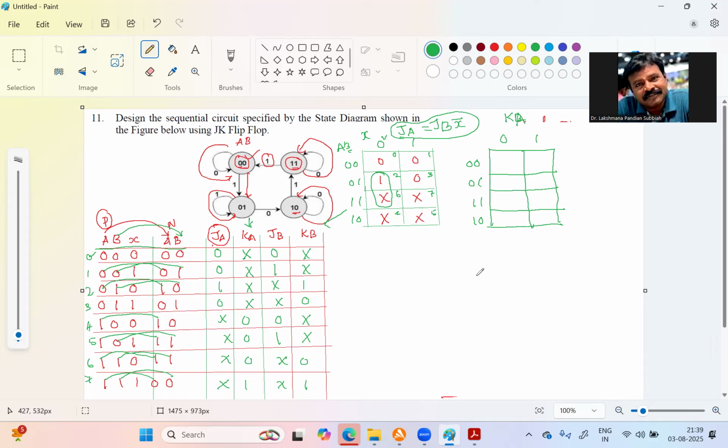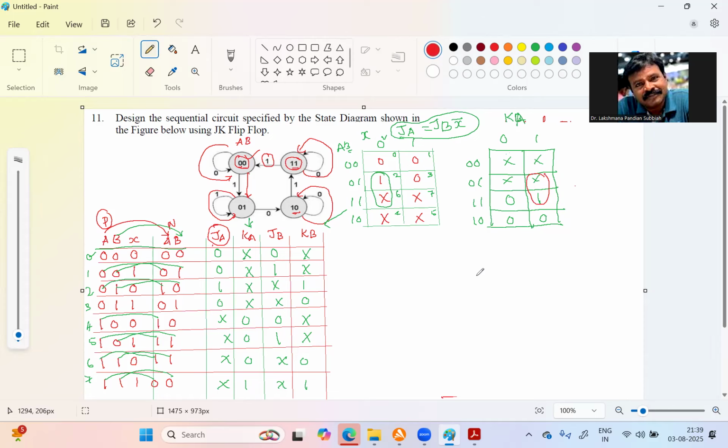So initially 4 X's and then 0, 0, 0 and 1, right? So X, X, X, X, and this is 0, this is 0, this is 0, this is 1, so the last one is 1, right? Now you take this pair.